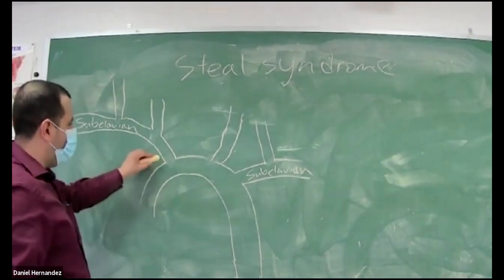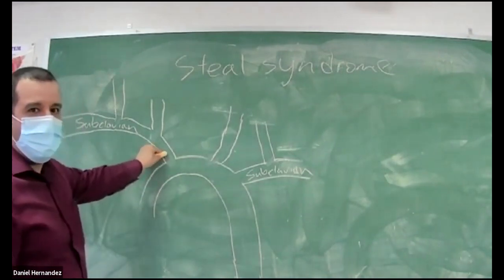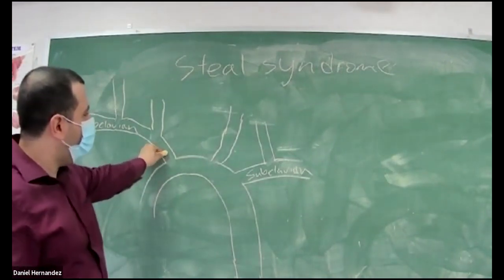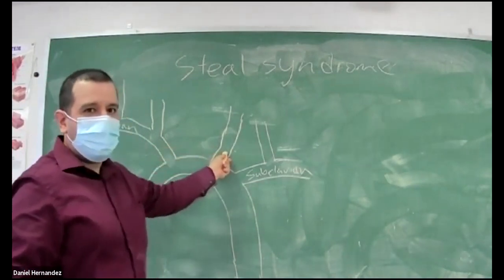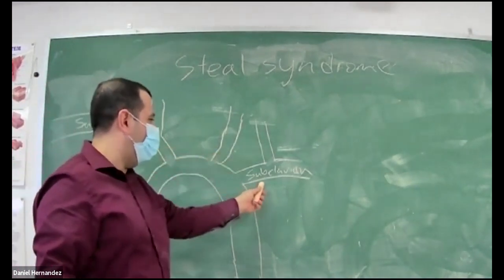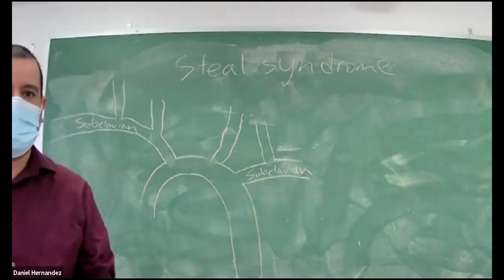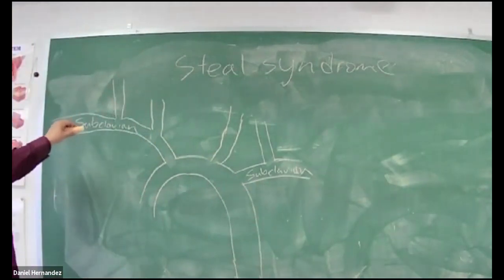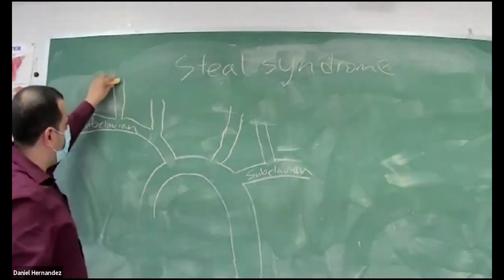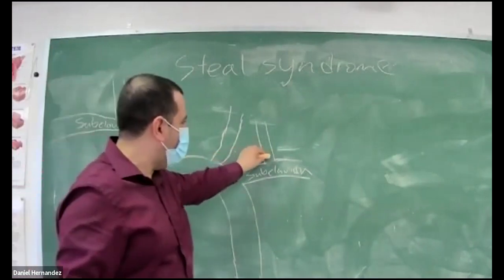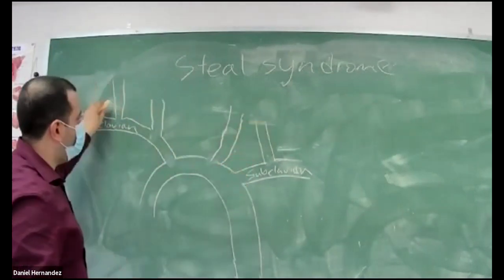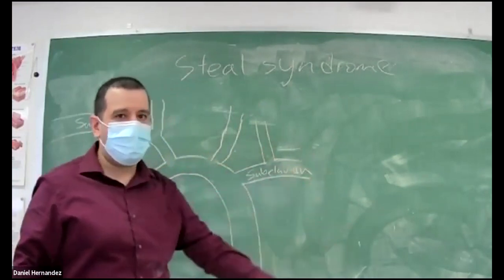So I drew our picture of our aortic arch. So we have our aortic arch, our branches, brachiocephalic or innominate artery, left common carotid artery, and left subclavian artery for our branches. Vertebral arteries, we know, are both branches off of the subclavian arteries. We have right vertebral, left vertebral.